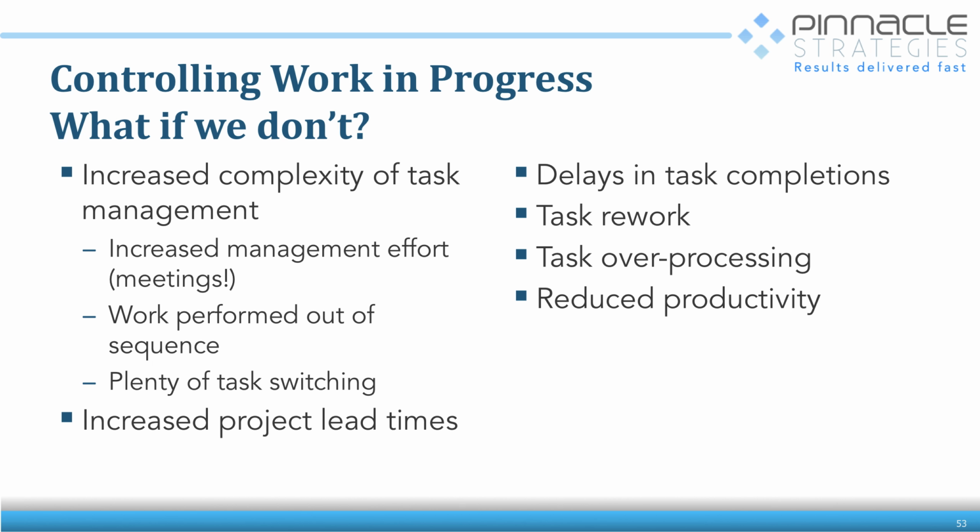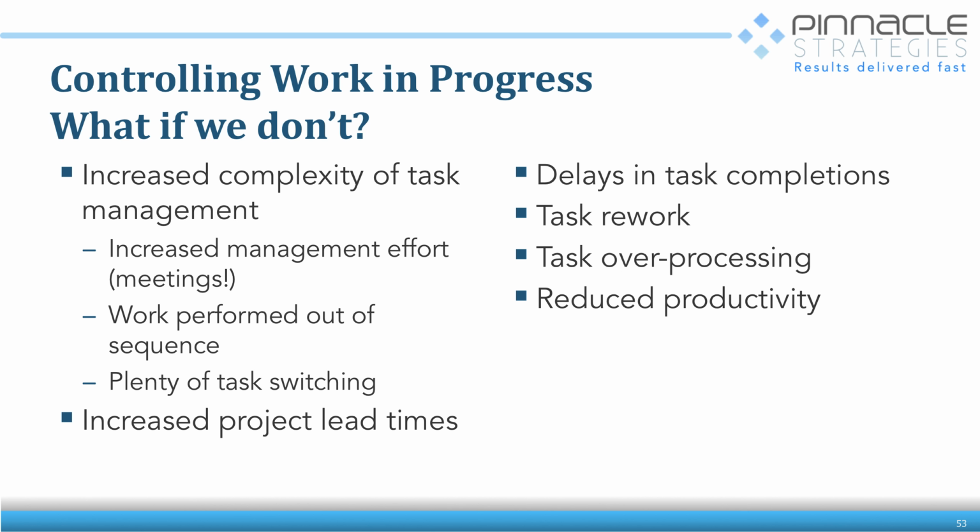And of course, what happens if we don't do this? What you get is highly complex task management, because you've got to have a lot of meetings. Where are we? What's going on? What's missing? Work gets performed out of sequence. Plenty of multitasking, task switching, and your project lead times increase.